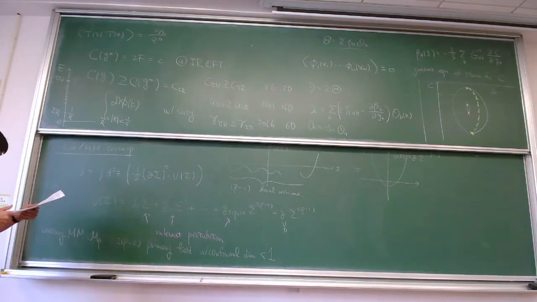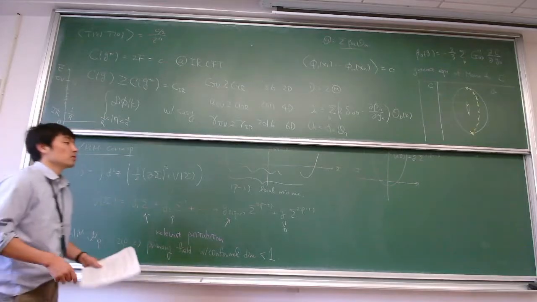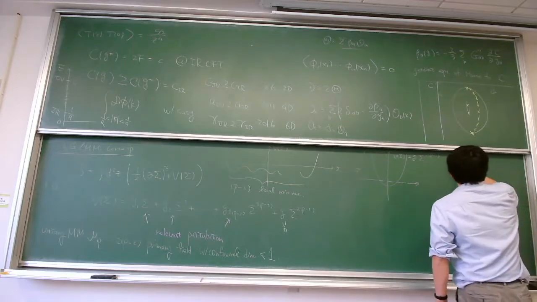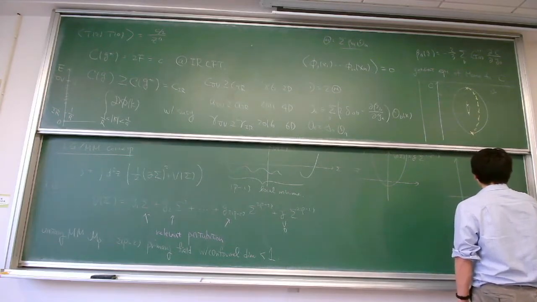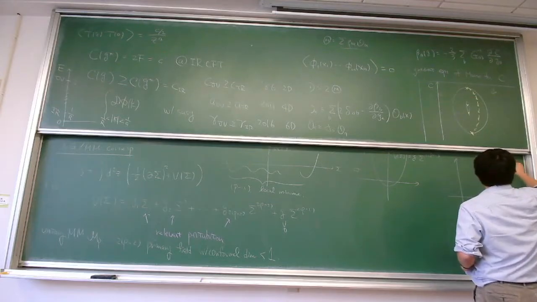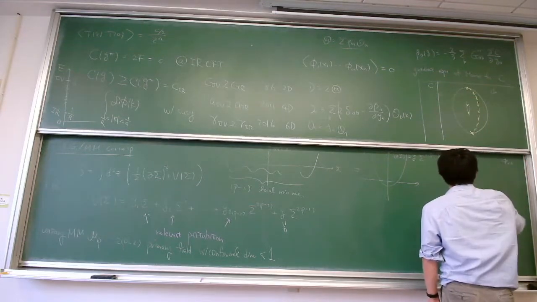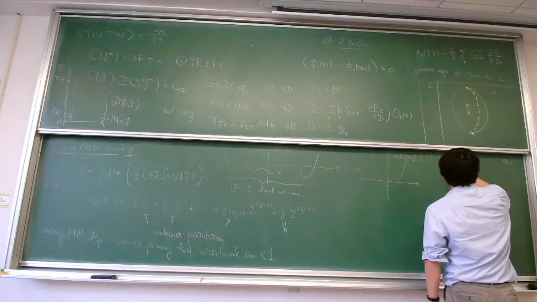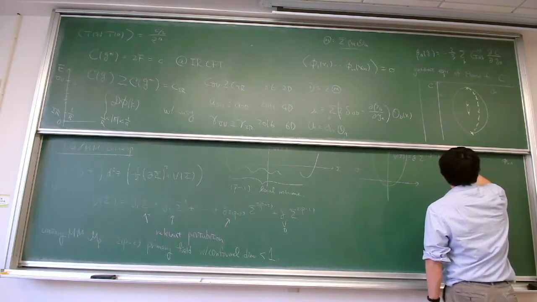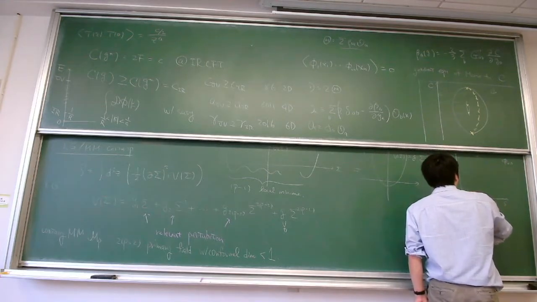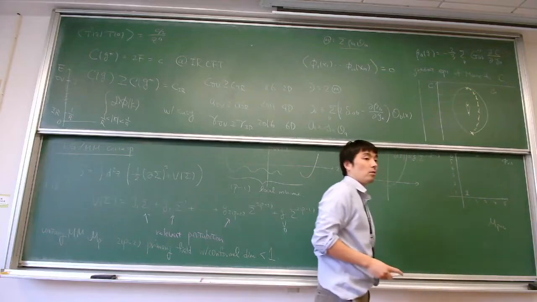Among them, we have 1, 2, 3, 4, 5 (r, s) primary fields in the minimal model, and for p equal to 6 it is like this: 1, 2, 3, 4, 5, 6. And this phi 1,1 is always the vacuum identity operator.